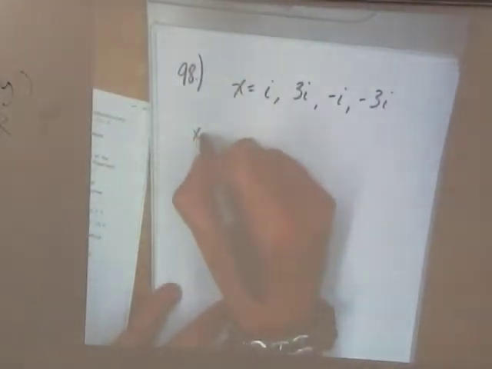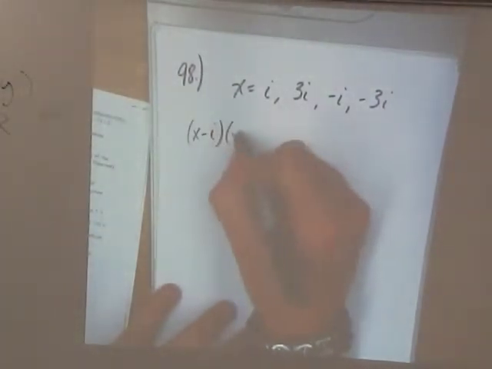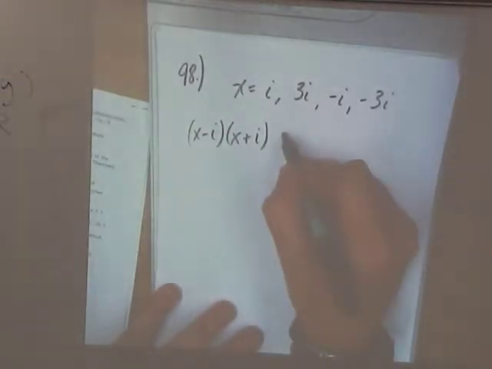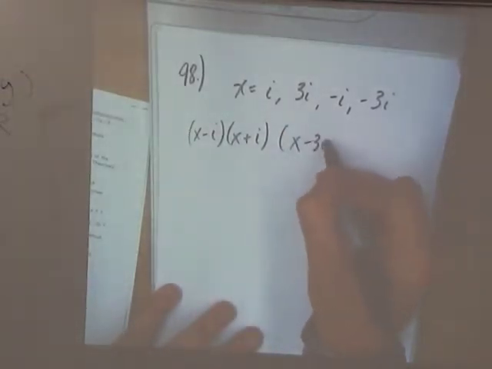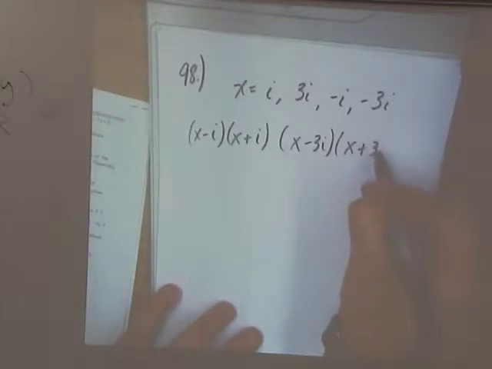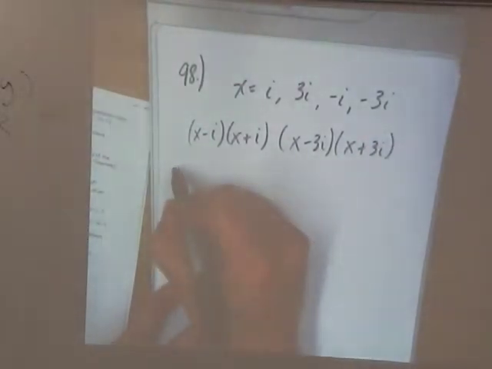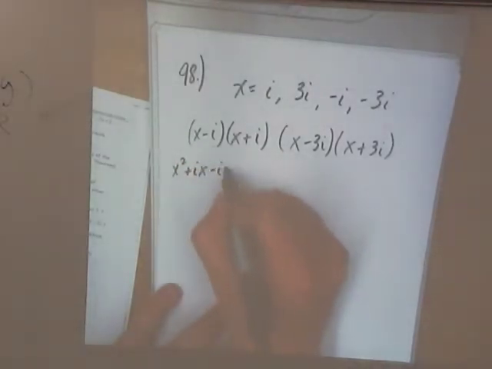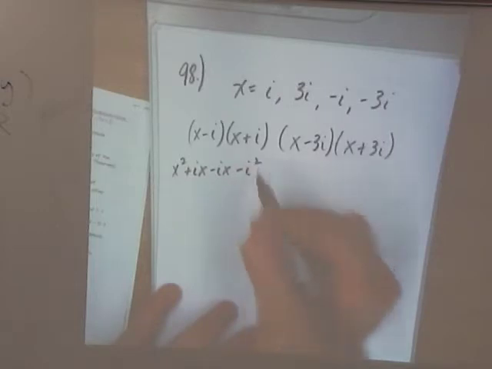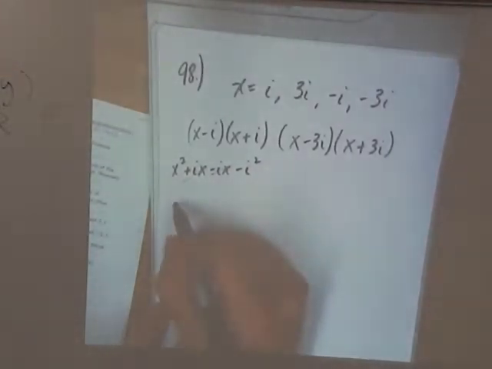So it'll be x minus i, x plus i, x minus 3i, and x plus 3i. So this will be x squared plus ix minus ix minus i squared. So it'll become x squared plus 1.